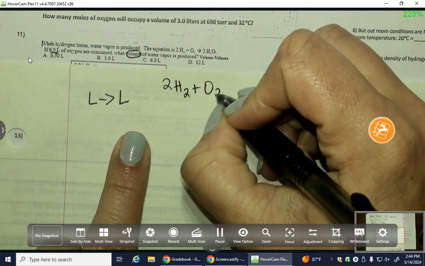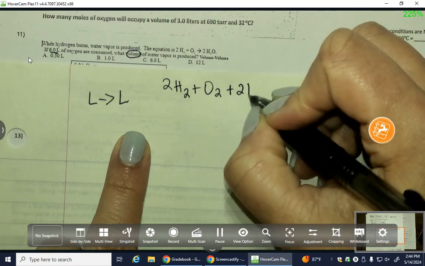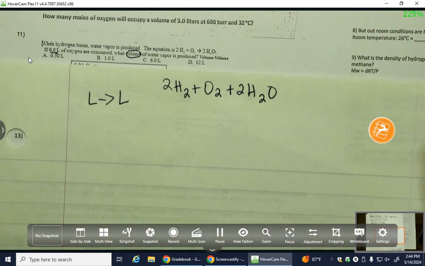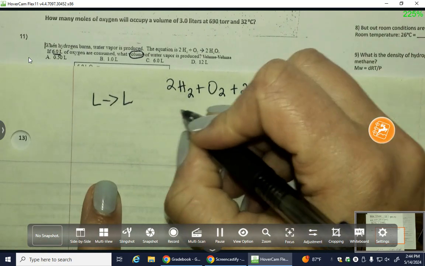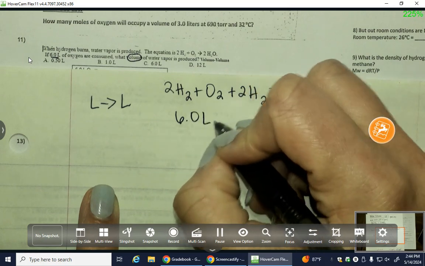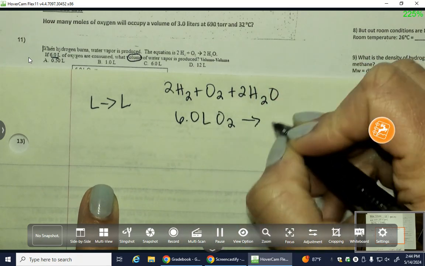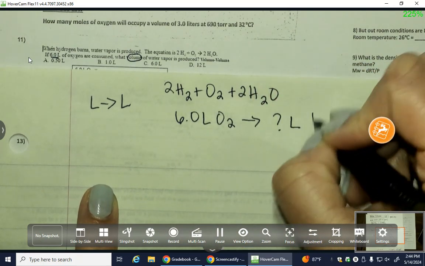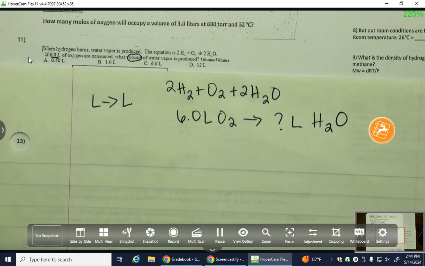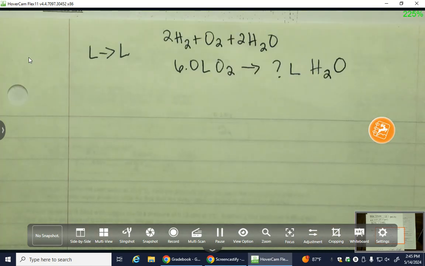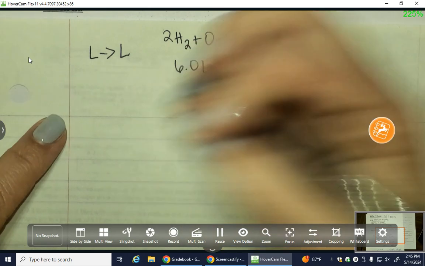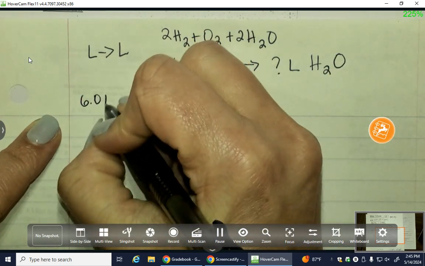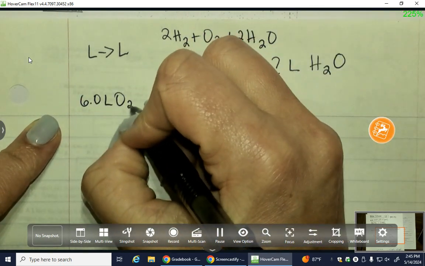I'm just going to rewrite it so that I can scooch the page up, okay? And we are going from 6 liters of oxygen to question mark liters of water vapor. And that's our problem right now. All right, so running through this, we have 6.0 liters of oxygen.